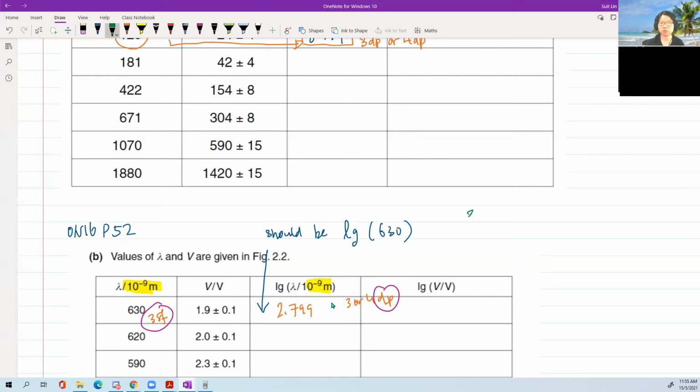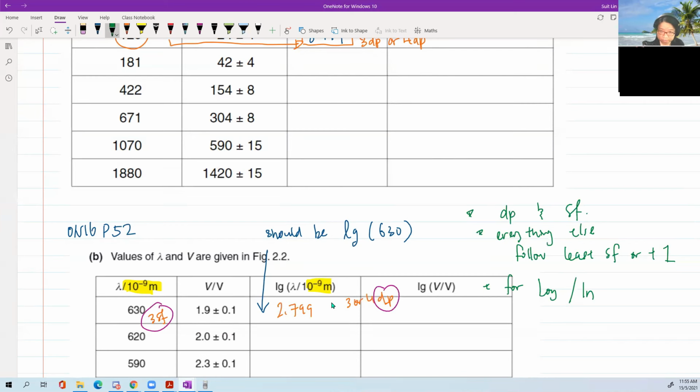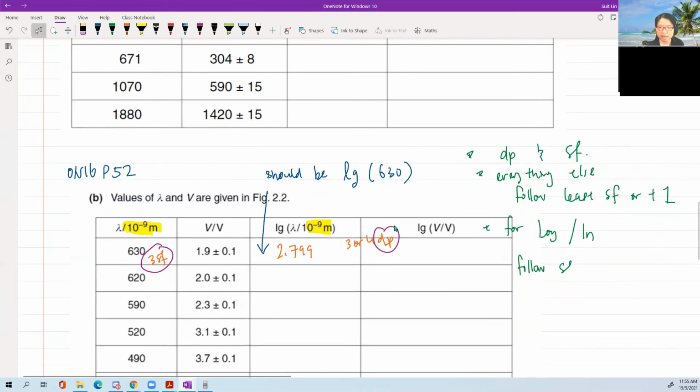Okay. So in a nutshell, when transferring DP and SF, for everything else, we will follow the least SF or +1. For log or ln, we will follow the SF, but it will become DP or +1.